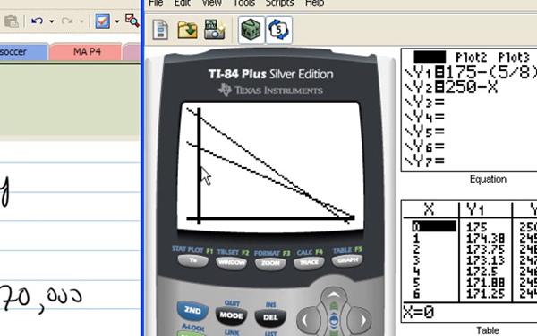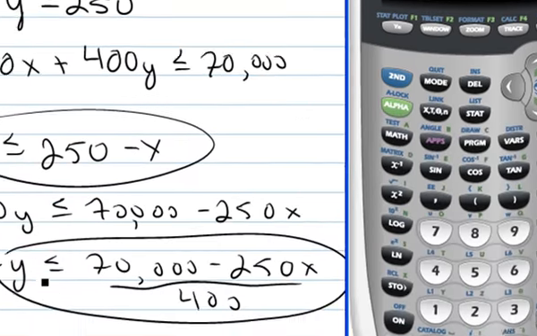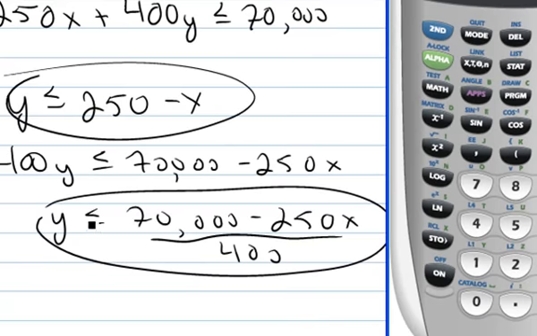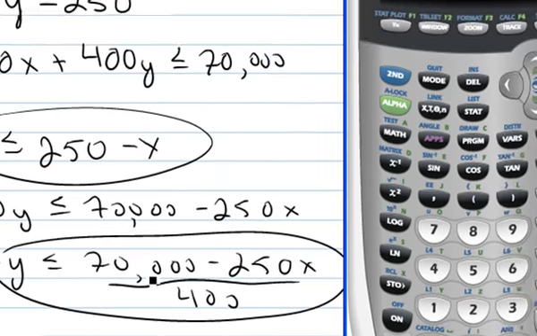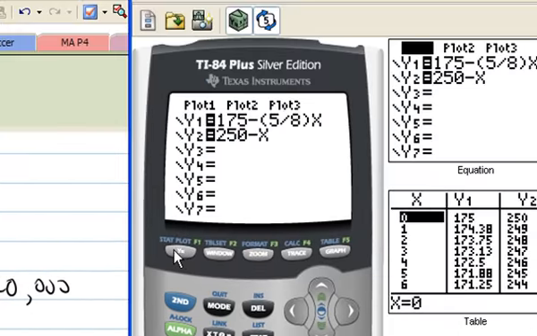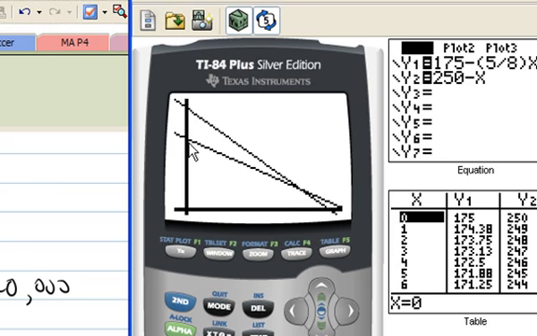And we didn't say anything about it, but we have to have x and y greater than 0, because you can't make a negative amount of product. It has to be less than this one, which ended up being, I think, 175 minus 5/8x. So it's got to be below here.